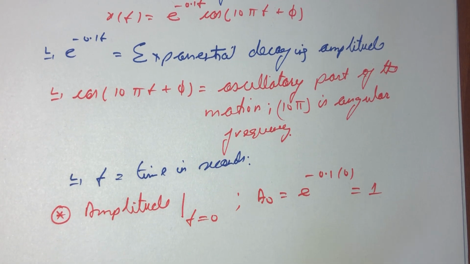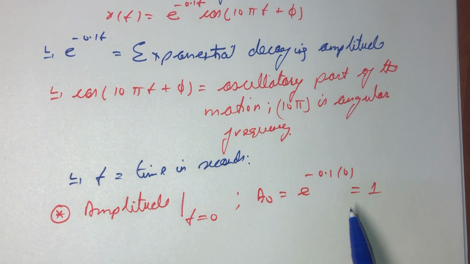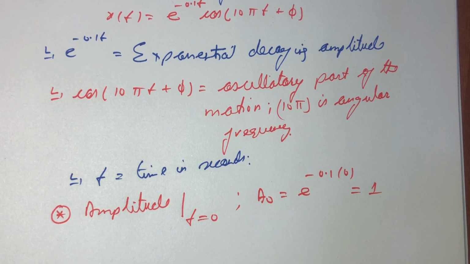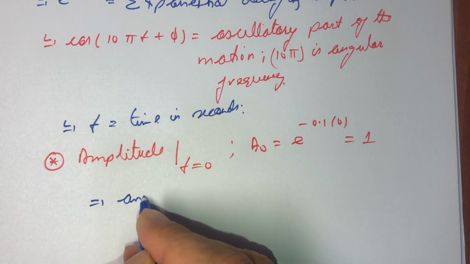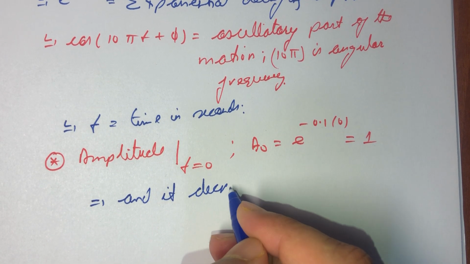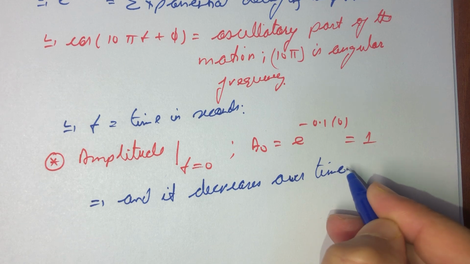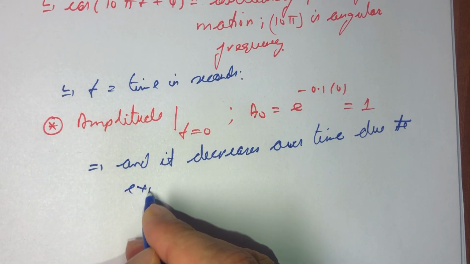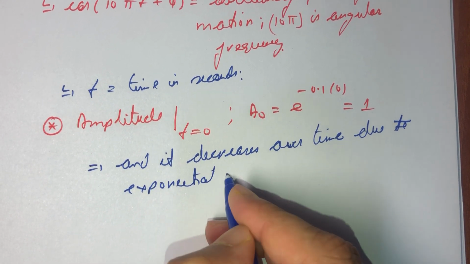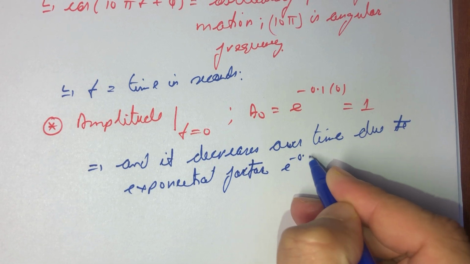So we got that the amplitude at time equal to 0 is a equal to 1, and this amplitude starts from 1 and it is going to continuously decrease over time due to the exponential factor, where the factor is e raised to the power minus 0.1 t.